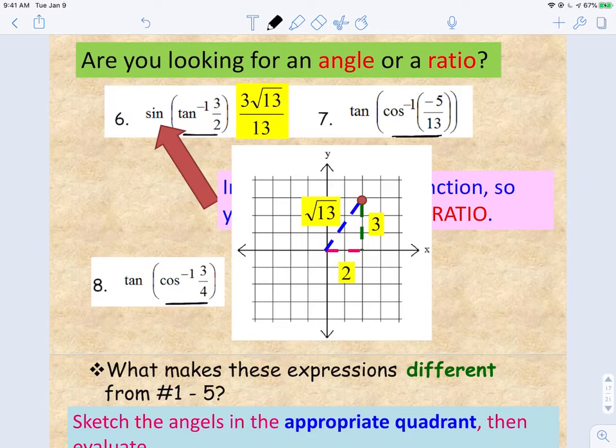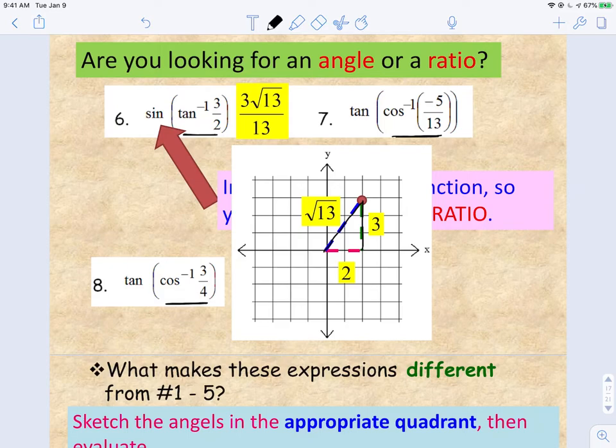Because 3/2 is positive, we know that we need to build our triangle in the first quadrant. So you can see here from the origin, they've built out a hypotenuse and then drawn a perpendicular down to the x-axis and labeled the y-axis 3 and the x-axis 2.